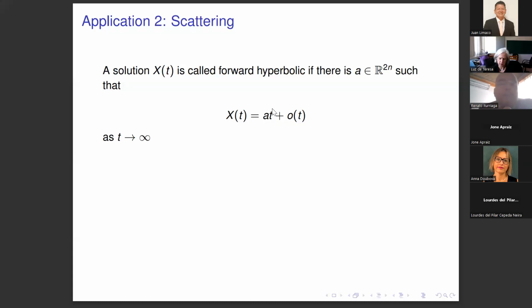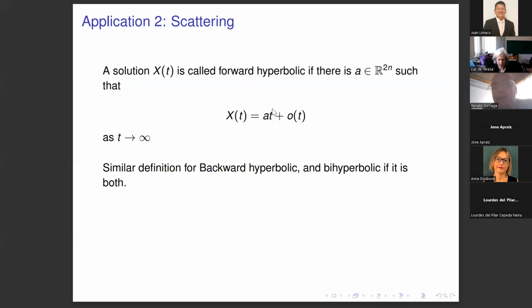This is to say that this is not an empty set, and you have this hyperbolic. A similar definition holds for backward hyperbolic, and bihyperbolic means it is both: you have a limit velocity from the past and a limit velocity to the future.